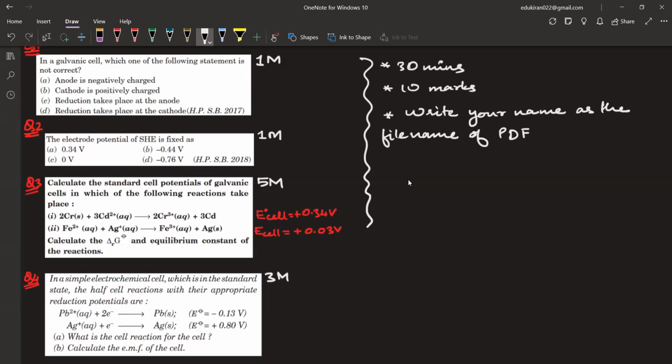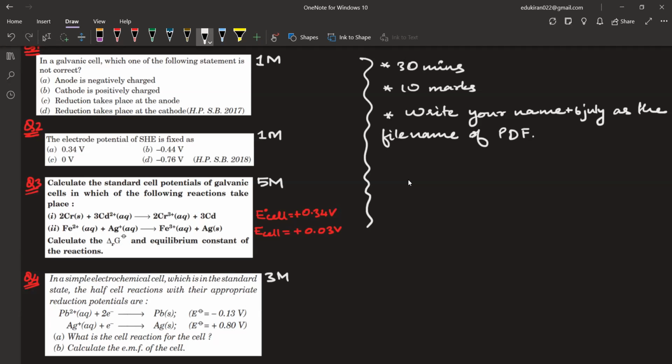When you make the PDF, please write the file name of the PDF as your name. If that file is already made, then you can just add the date. File name: write your name plus date. If you face any difficulty, then plus 6 July as the file name of PDF.